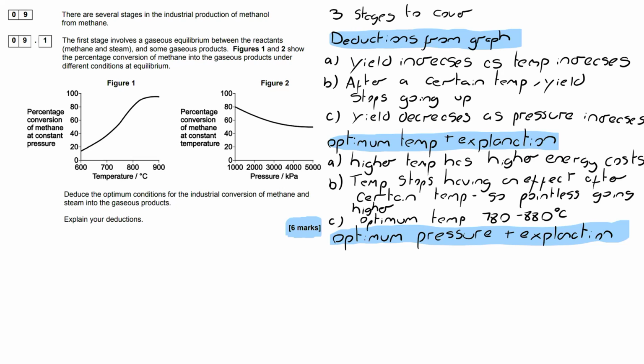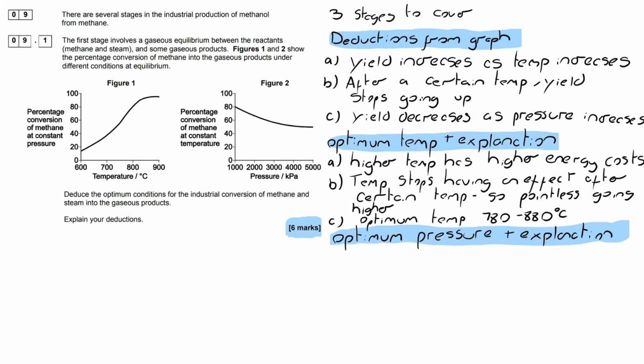If we then go to the optimum temperature and the explanation, this is taking us back to something that we're hopefully familiar with from GCSE. Higher temperature has got higher energy costs. So you are getting that balance between how much you're going to spend and how much profit you're going to make from the materials that you're making.